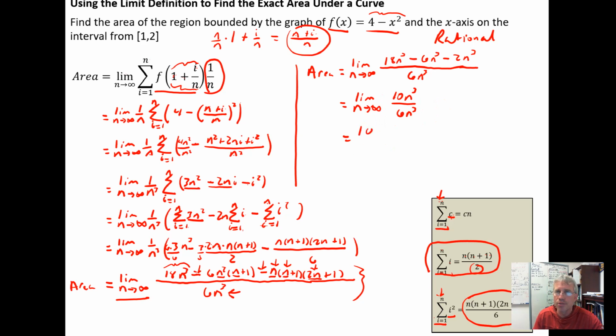So this simplifies to 10 over 6. I can drop the limit notation because I just took the limit and now I have a real number sitting here. The limit's been taken. And then I can simplify this to 5/3, which is the exact area under the curve 4 minus x squared on the closed interval from 1 to 2.